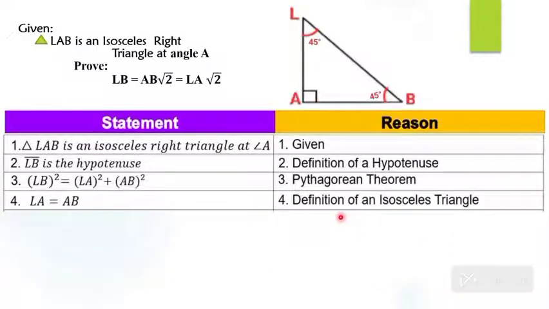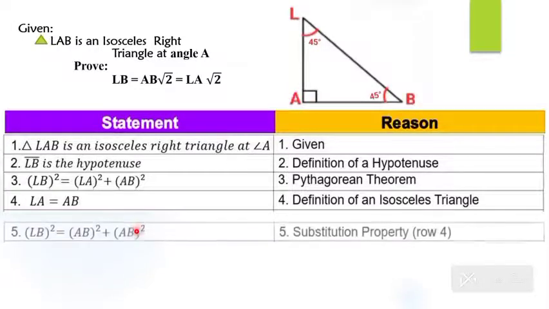Through the definition of the isosceles triangle, an isosceles triangle has equal sides, so we have here LA is equal to AB.